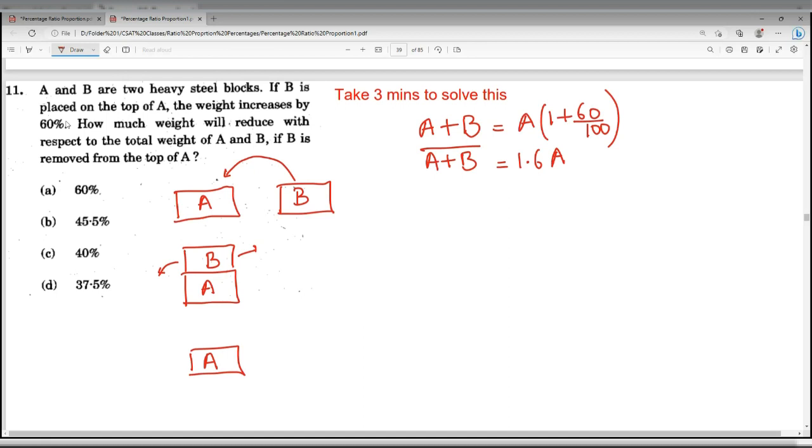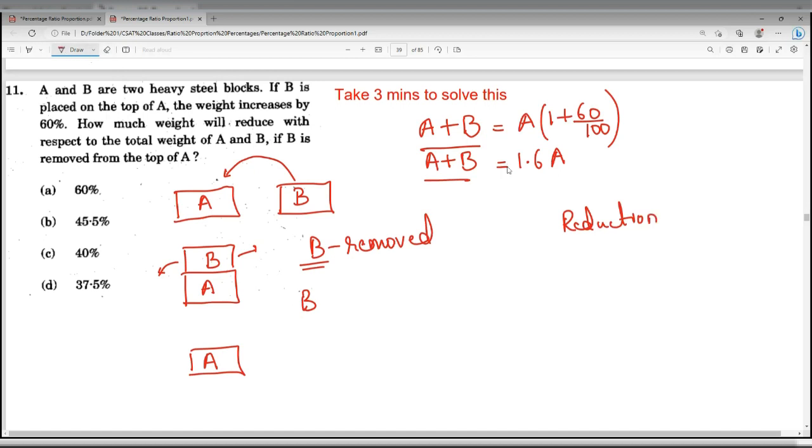So if B is getting removed, A plus B would become A. So the reduction in weight is B itself.